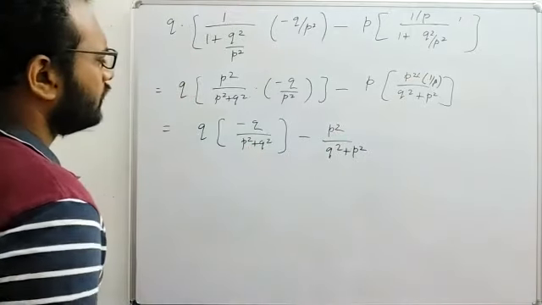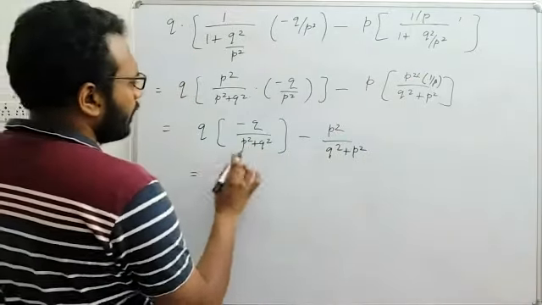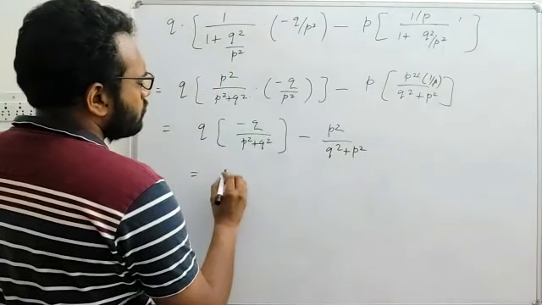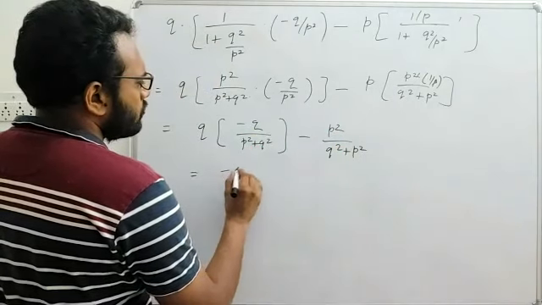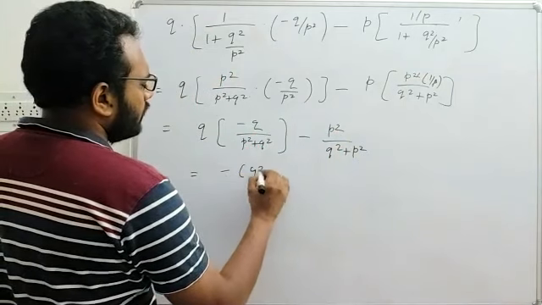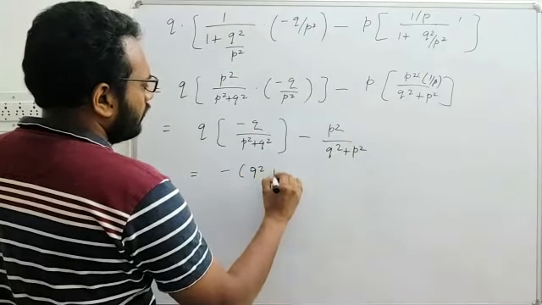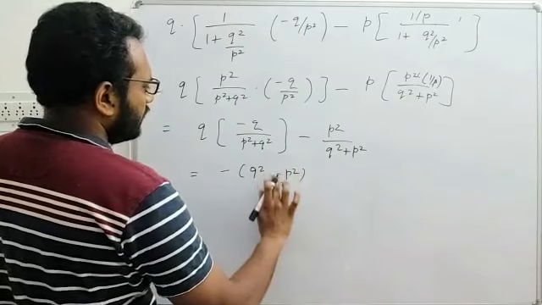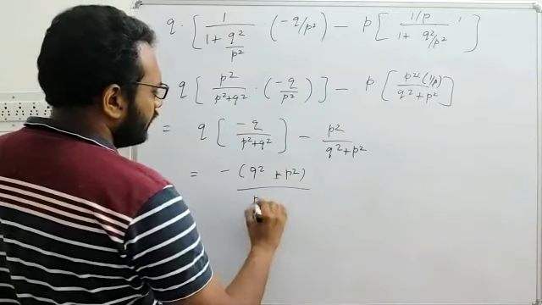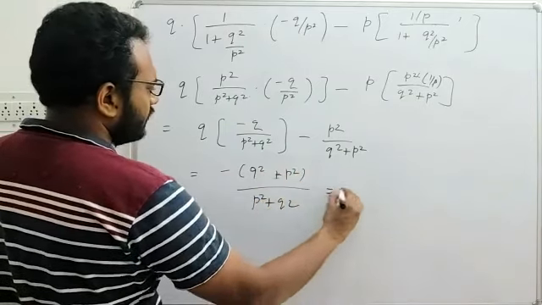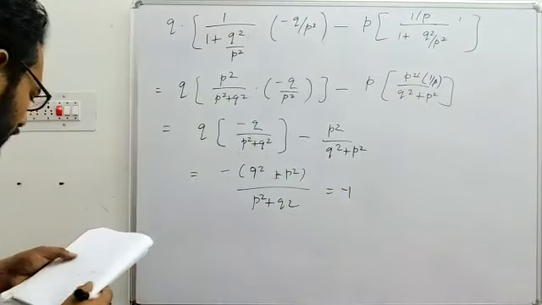Okay, so there is something wrong here. So this becomes minus Q square plus P square divided by P square plus Q square, and that's equal to minus 1. What did we check actually?